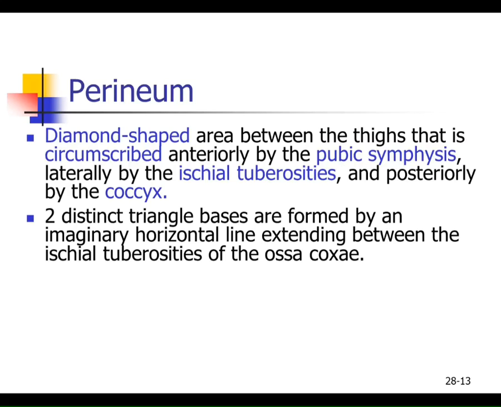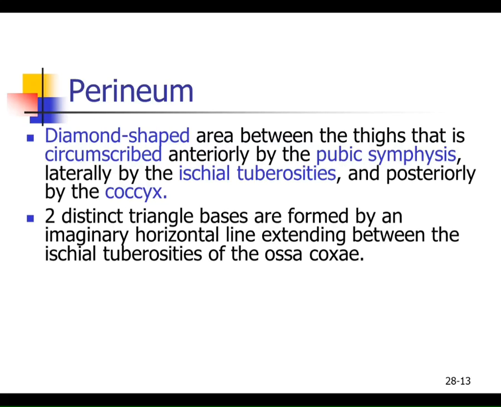The perineum. This is a diamond-shaped region. If you spread your legs and draw basically a diamond shape, this diamond is going to be bordered by the pubic symphysis on each side, by the ischiotuberosities, there's a term you haven't heard in a while, and then also the coccyx.